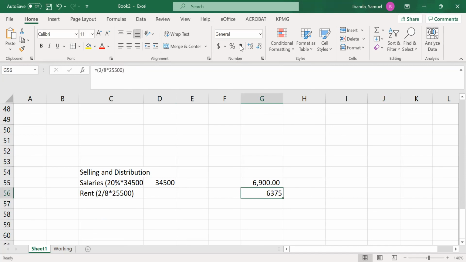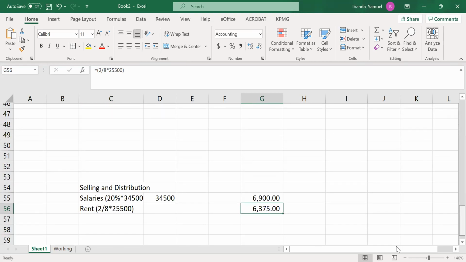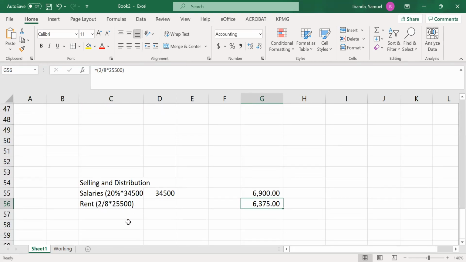So it gives me 6,375. Not very different from the one above, because 2/8 is also a quarter, ideally.